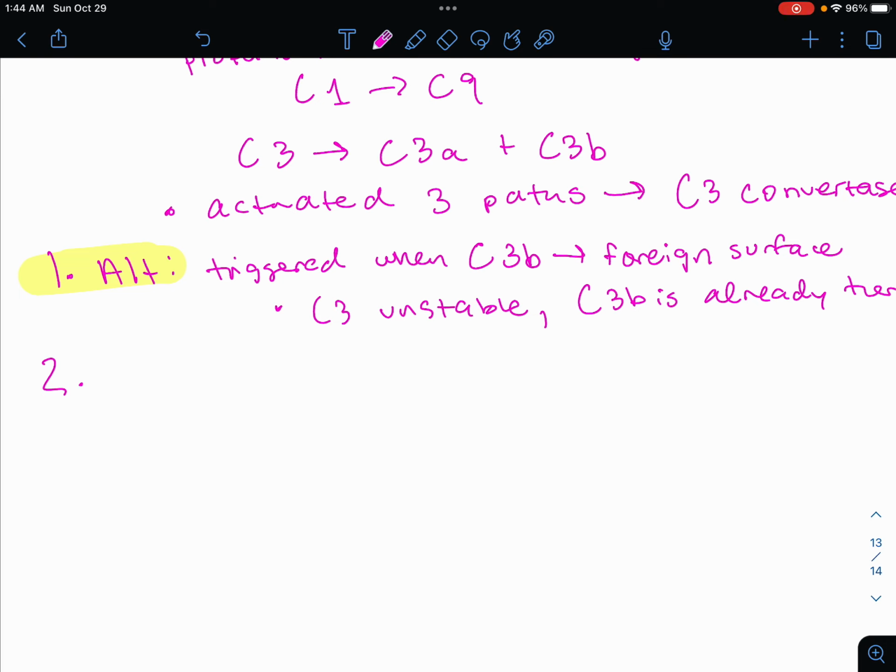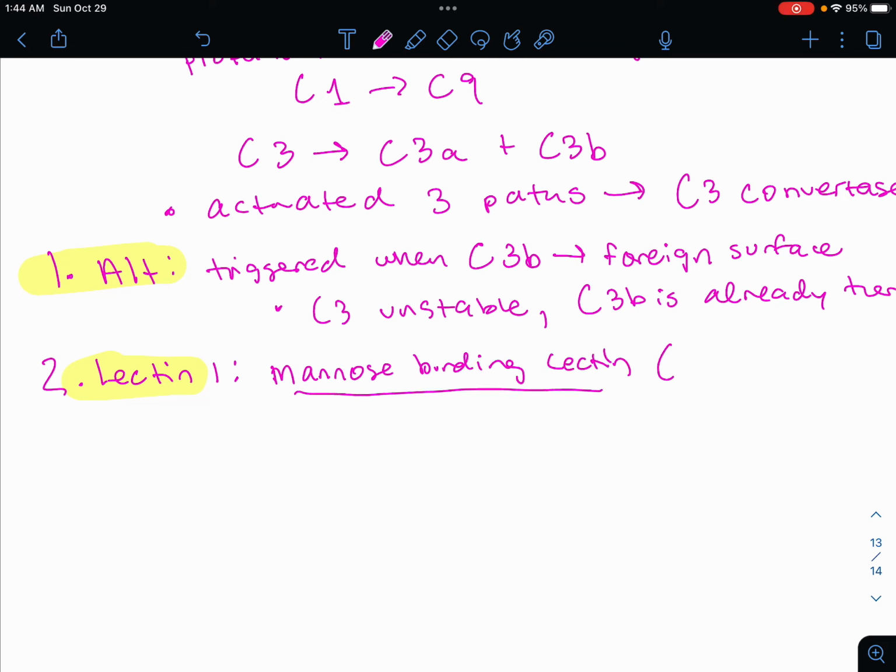The second one is the lectin pathway. And pattern recognition molecules, also known as the mannose-binding lectins, or the MBL.